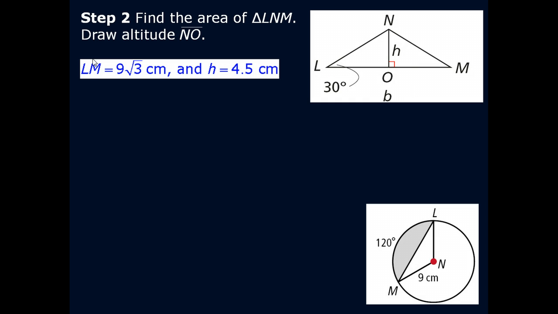And then LM, right here, is 9 square roots of 3, and h is 4.5 centimeters because we remember that we have a 9 centimeter radius, and so we want to remember that across from our 60-degree angle, which would be this one, we would have a 9 square roots of 3 because we have x square roots of 3.